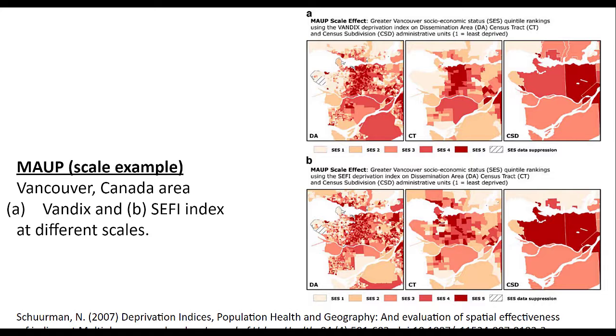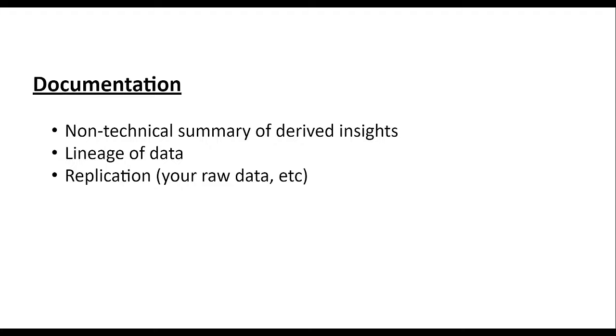Interpolation should be used cautiously so as not to exacerbate aggregation issues. Like with other forms of visualization, you should include documentation. Some examples of documentation to include are a non-technical summary of derived insights, lineage of the individual indicators, and resources to help people replicate what you've done.